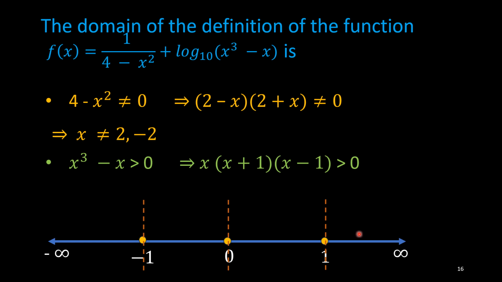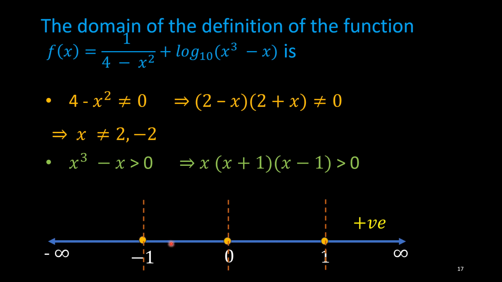Remember, the first range, the rightmost range, is always positive, right? So I'll mark it as positive to indicate that this region is positive. Now this is another region from 0 to 1. If I choose any point here, suppose it is 0.5, this point is on the right side of 0 and the right side of minus 1.